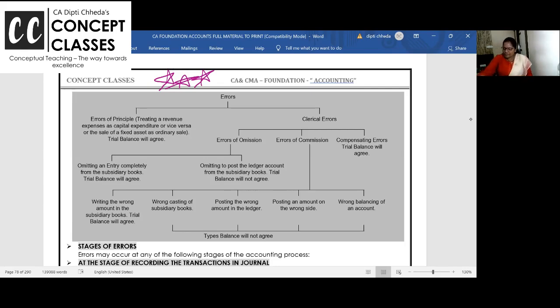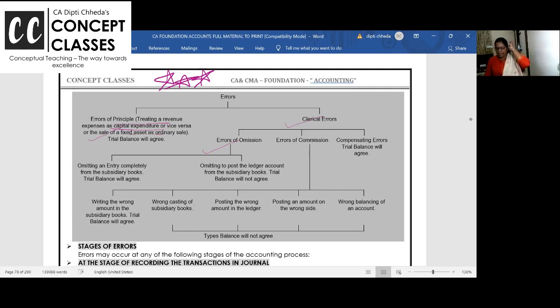Okay. First one is error of principle. Treating capital as revenue, revenue as capital and so on. Next is clerical error. In that, error of omission: complete omission, or omitting to post in the trial balance.